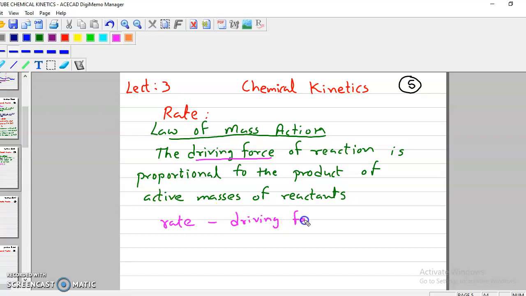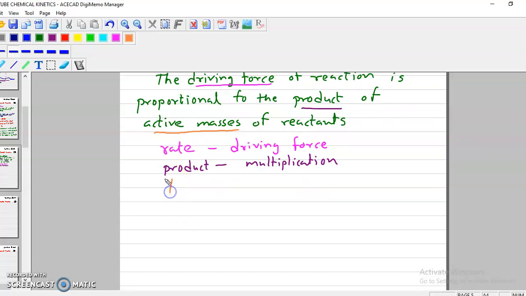Then the second word, which is very typical, is product. Here product means multiplication. And active masses, this is also a very typical word, and it means concentration.